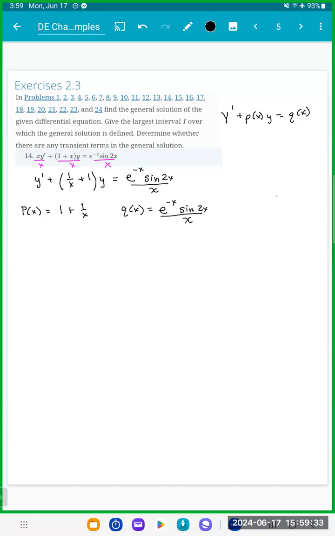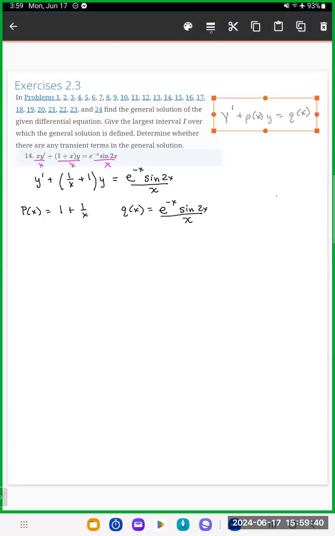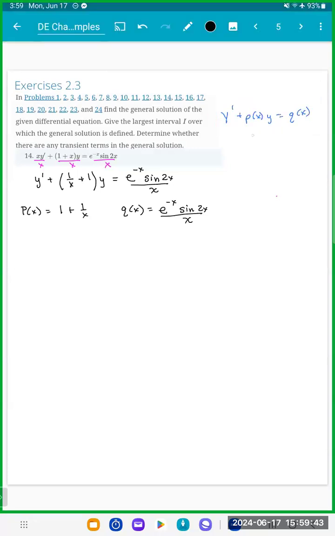Okay. Now we want to compute our integrating factor. Remember our integrating factor, we could say our m of x is equal to e to the integral of p of x dx, right? And that's going to simplify as e to the integral of 1 plus 1 over x dx, right?